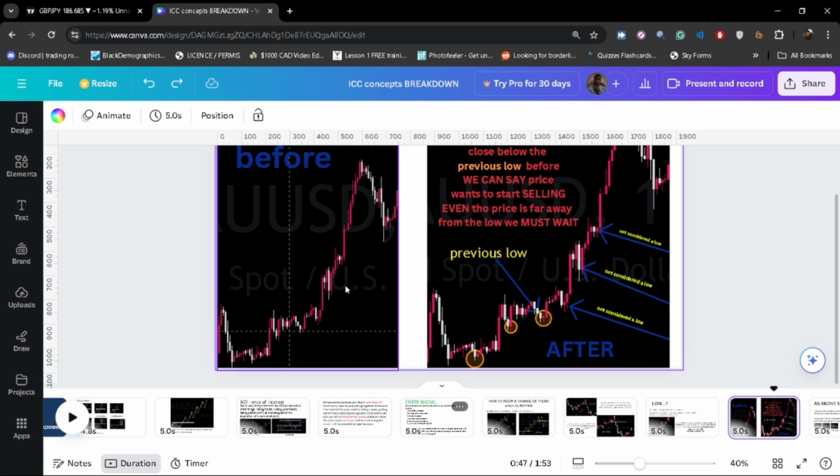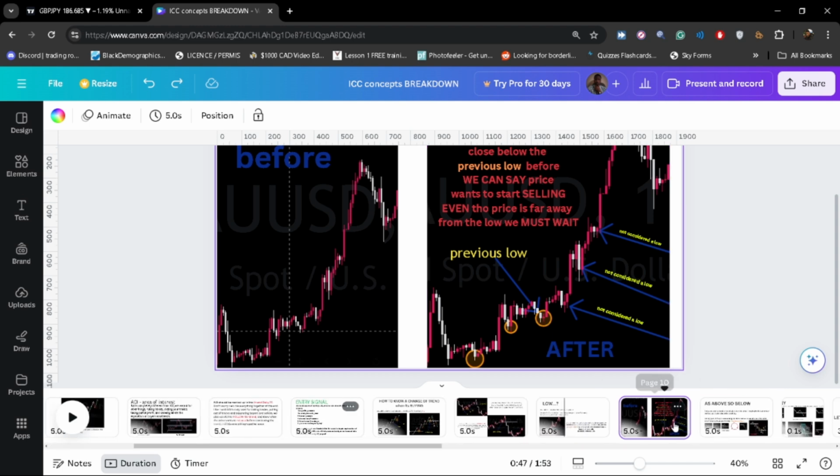When it comes to this graph, the previous low literally is going to be this right here. So this cannot be considered the previous low. This cannot be considered a low because it has only one sell candle. This can be considered a low because it has at least 2 sell candles.